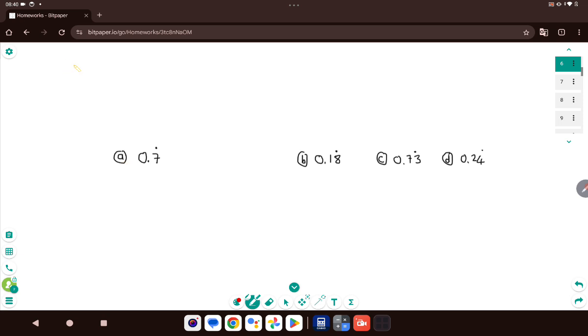Okay, so for this first one, A, we're going to let x equal 0.777 recurring, multiply by 10. Put the original underneath.